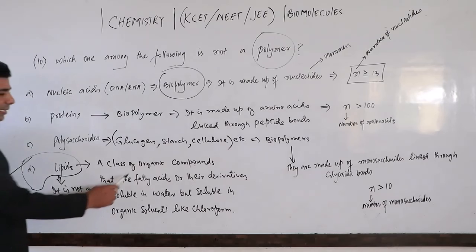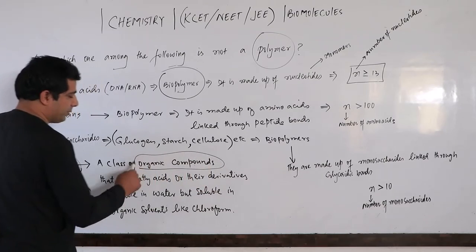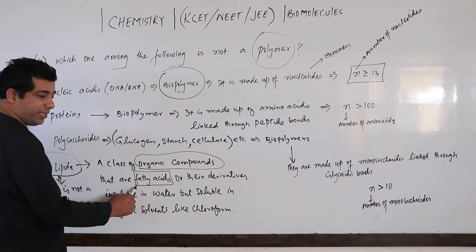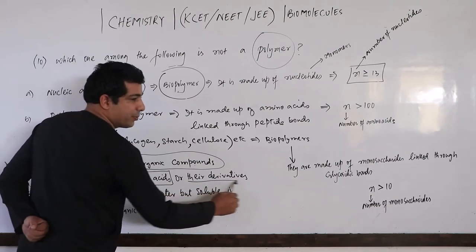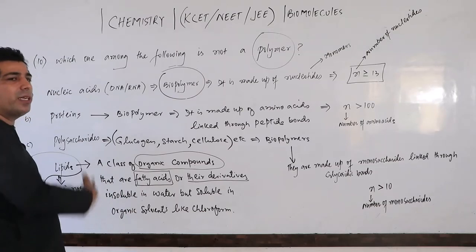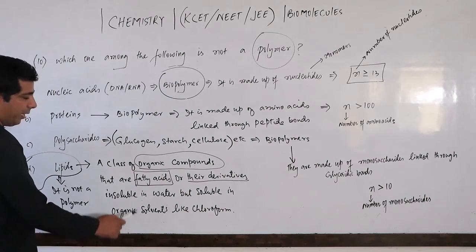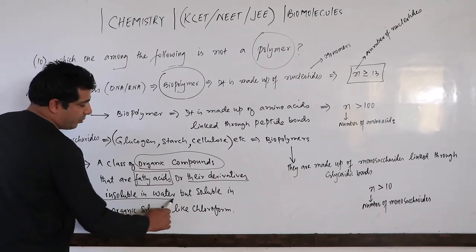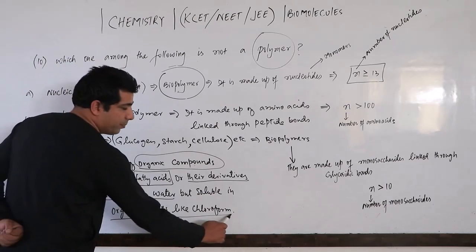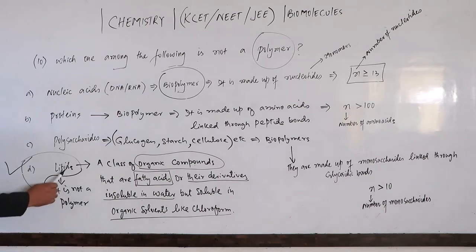So they are just a class of organic compounds, and they can be your fatty acids. So lipids can be your fatty acids or their derivatives, means their complex molecules with other substances like glycerol and all. And lipids are insoluble in water, but they are soluble in organic solvents like chloroform. So remember, my dear friends, lipids are not a polymer.